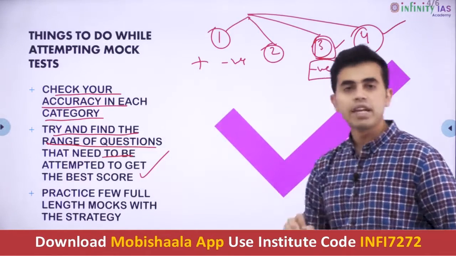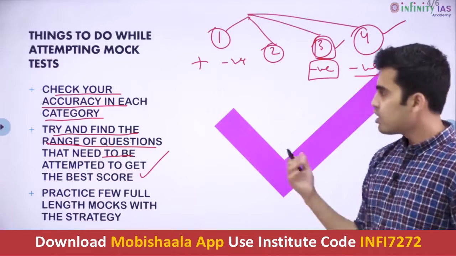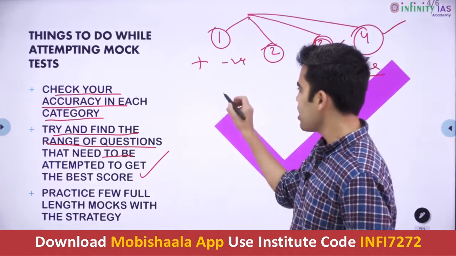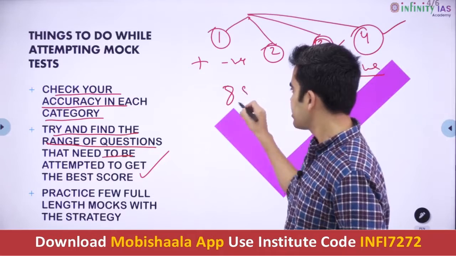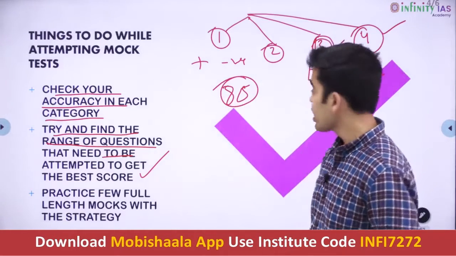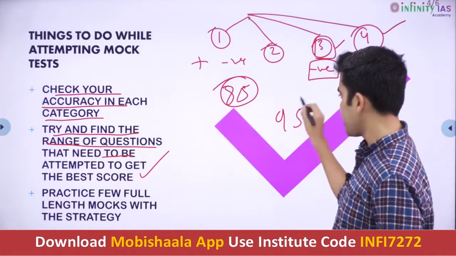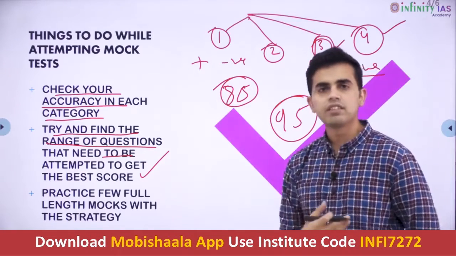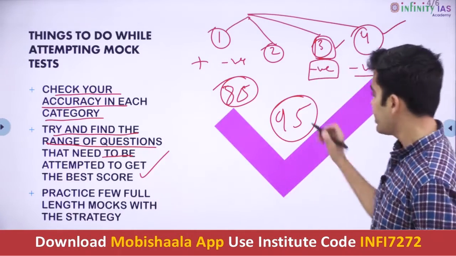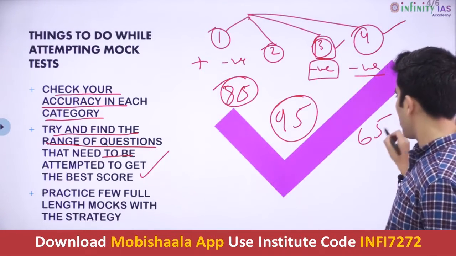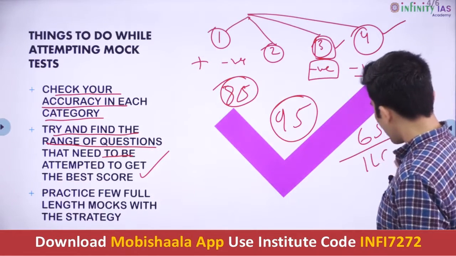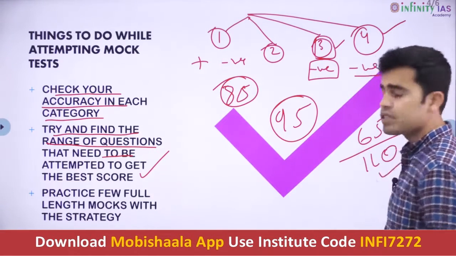So what does this mean? We see different people give different advice, such as some people say we need to attempt at least 85 questions. Some say we need to attempt 95 questions. But if we see in the examination, there are students who attempt just 65 or 70 questions and still get around 110 marks and qualify prelims.